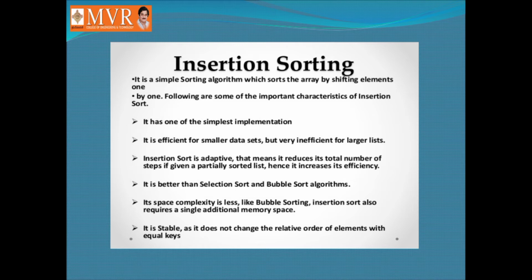Till now we have discussed the bubble sort and the selection sort. In bubble sort you compare the elements and swap the elements. Like that only, in insertion sort also we will compare the adjacent elements, and if they are not in order then we perform the swapping technique. So this is also one of the simple sorting techniques.